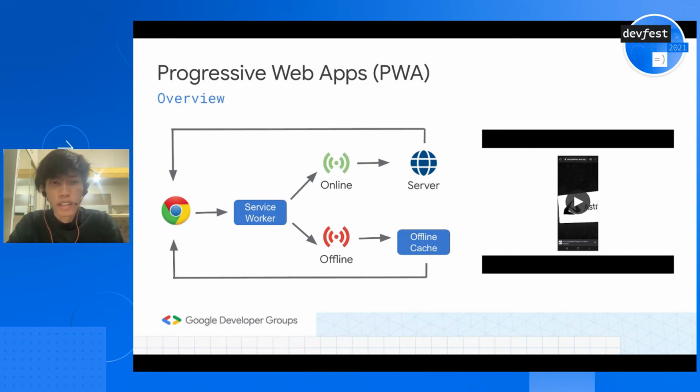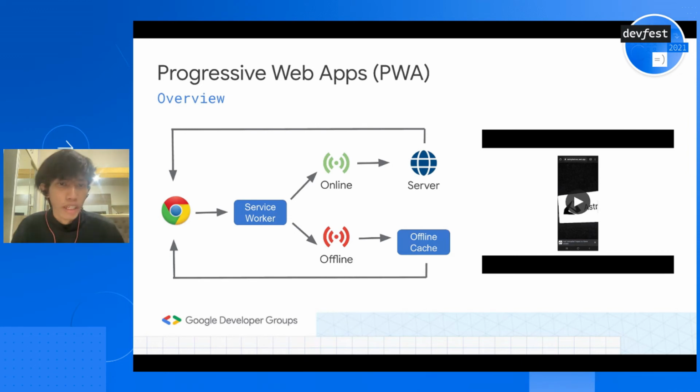So basically, PWA has the capability to load the website offline without internet. And I think that's a pretty famous feature, as we mostly already know. Just a little recap.